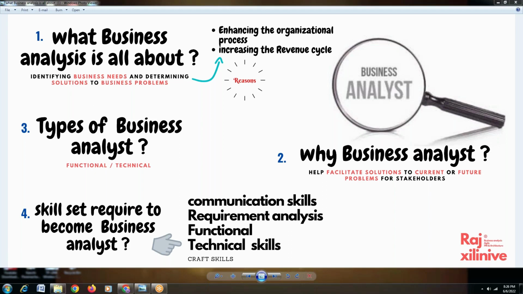IT companies have a lot of technical people and don't require more technical people there. They require someone who knows the domain along with business analyst experience. So especially for people looking for career transformation, this profile is really useful.